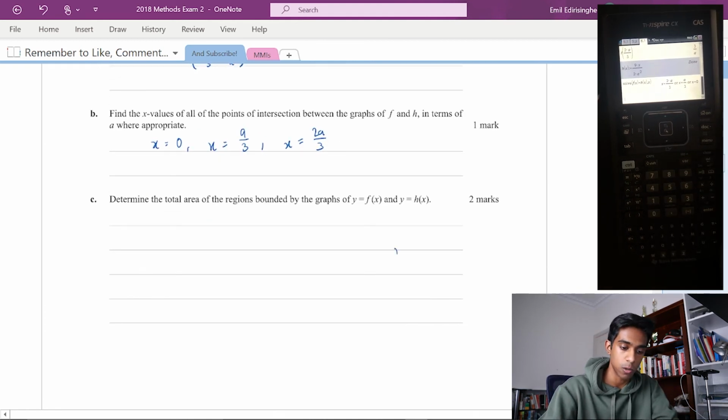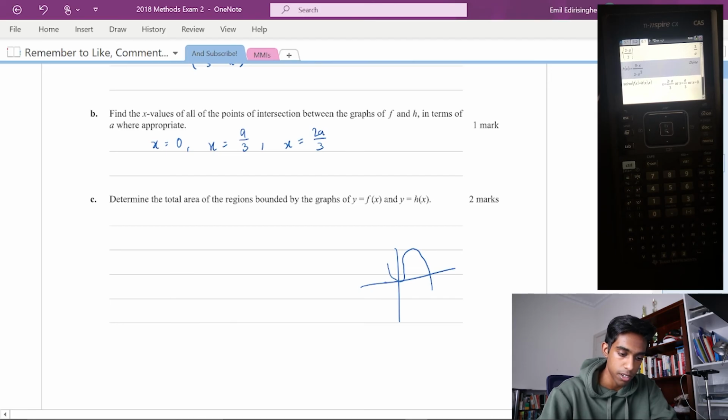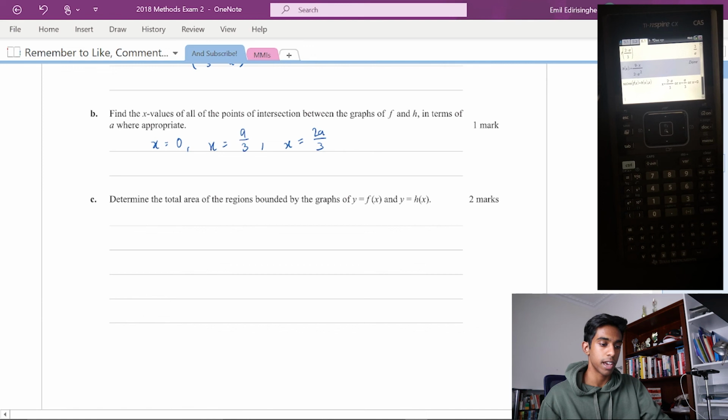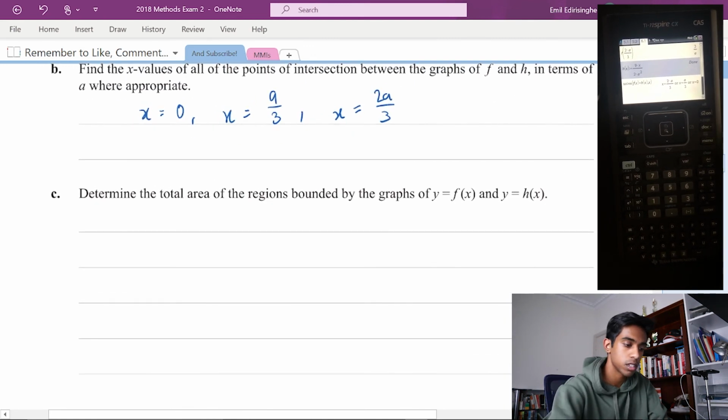So the way I think it will look at the moment is probably something like this, where we've got h of x going like that. So we've got these two areas. So the way I'll look at this is I'll do 0 to a on 3 of h of x minus f of x.